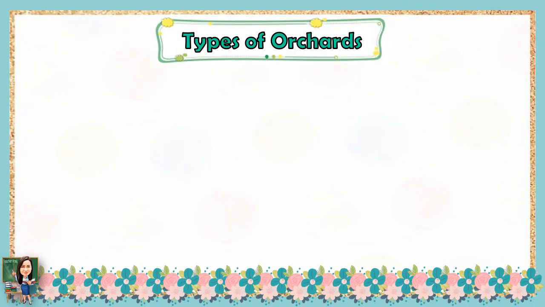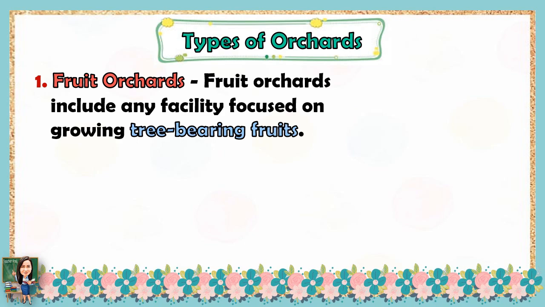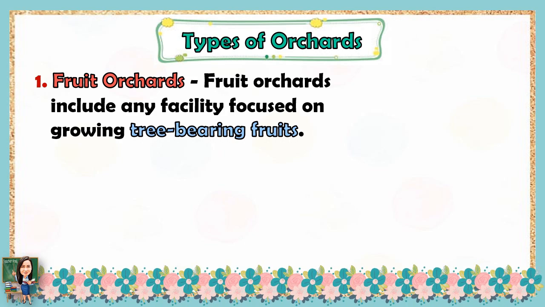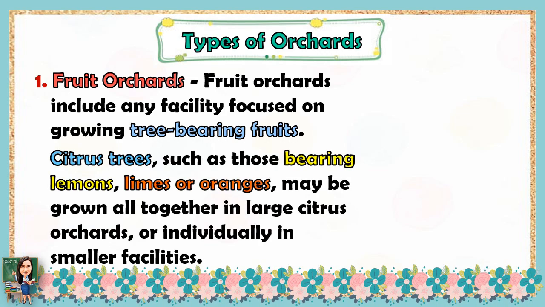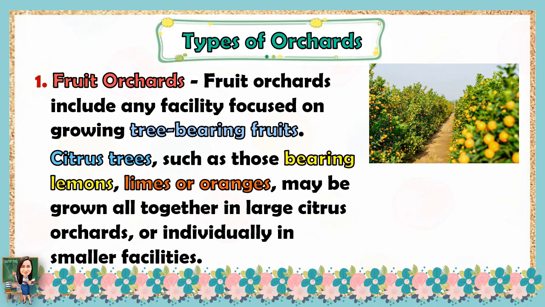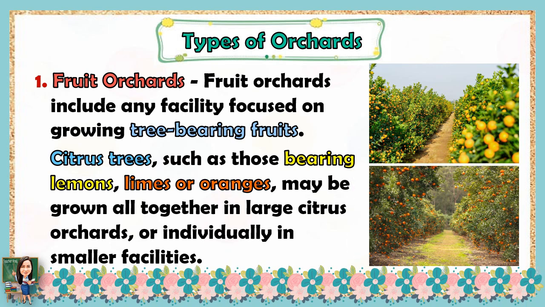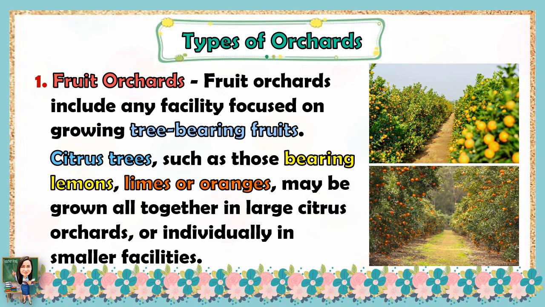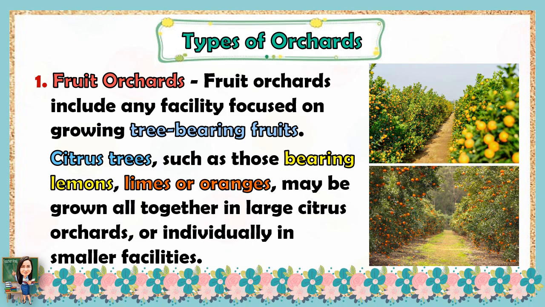There are different types of orchards. Number 1, fruit orchards. Fruit orchards include any facility focused on growing fruit-bearing trees. Citrus trees such as those bearing lemons, limes, or oranges may be grown all together in large citrus orchards or individually in smaller facilities.